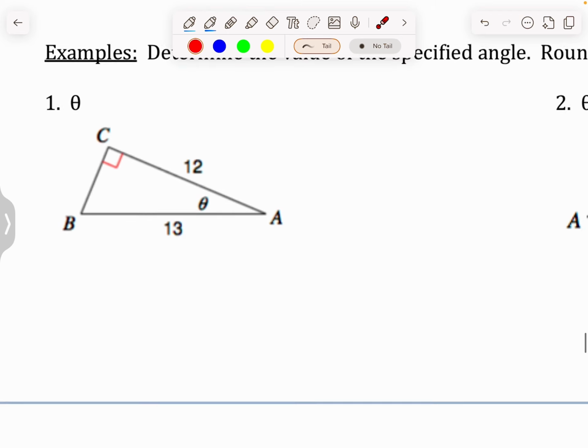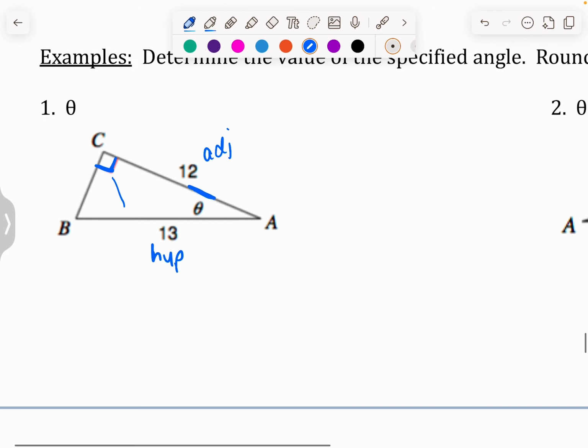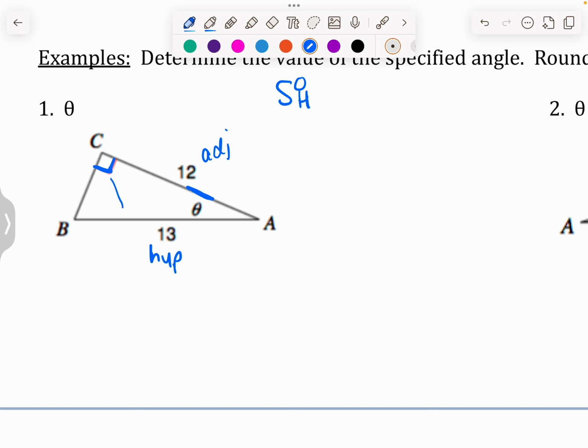So if we look at this angle right here, and notice our 90 degrees is up here. So across from the 90 is going to be our hypotenuse. And then this 12 is touching that angle, so that's the adjacent side. And so if I think about SOHCAHTOA, you are going to be using cosine.